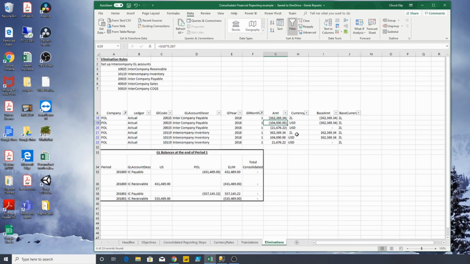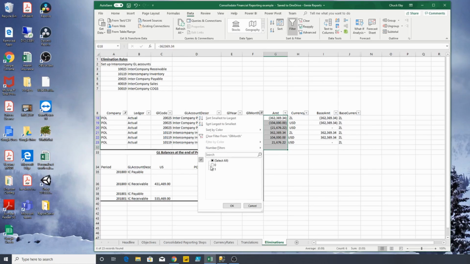And then it's converting it over here into the alternate currency ledger. So you've got the $104,000 related to the 362,369 zloty. We've got our translation that's already been done here. So you can see that they've got the translation done here on the payable side and then on the inventory side. So you have everything netting to zero for your transaction.